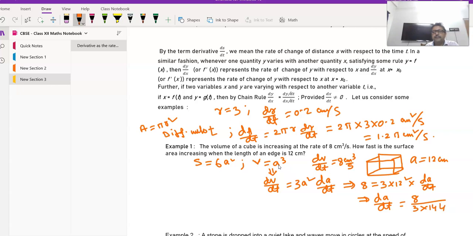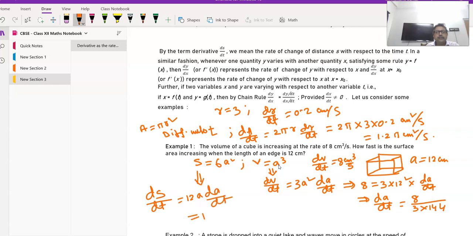Okay. So after getting da by dt, we pay our attention to get the value of dA by dt. dA by dt going to be what? This is 12a da by dt.